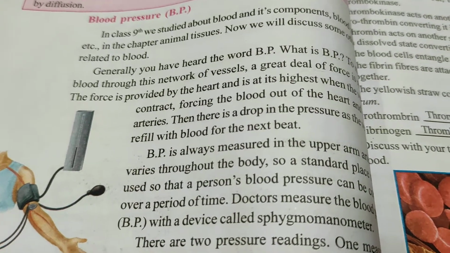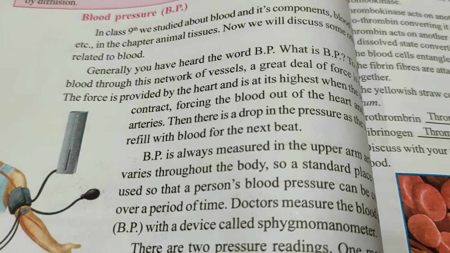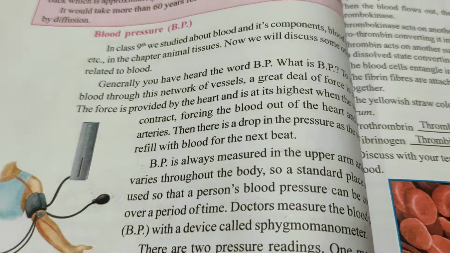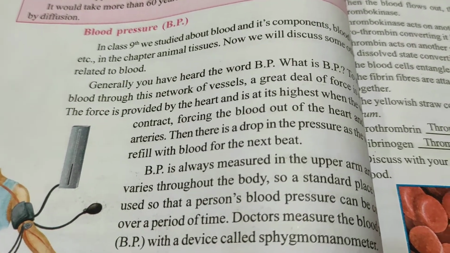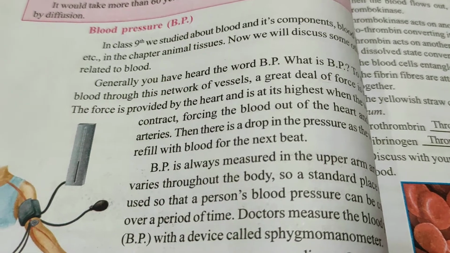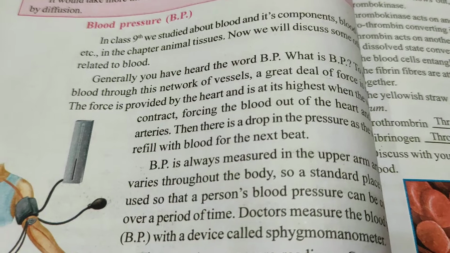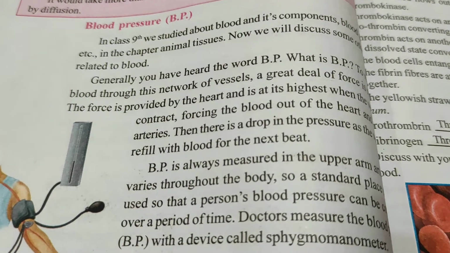Okay, then the next one is, there is a drop in the pressure when the ventricles refill with the blood for the next beat. Okay, first beat, what happens? The blood from the ventricles will enter into the arteries, and during that the ventricles will have high pressure because of the contraction. Whereas in the second step, there already the blood has entered into the arteries, then the ventricles will be in relaxed mode.